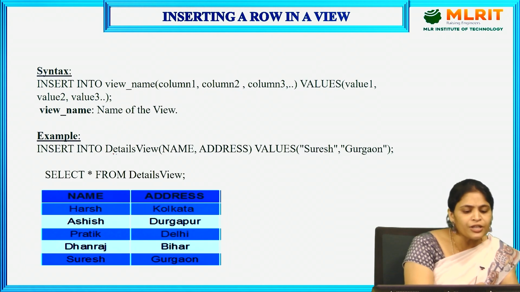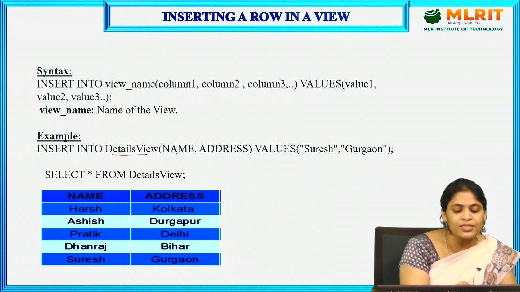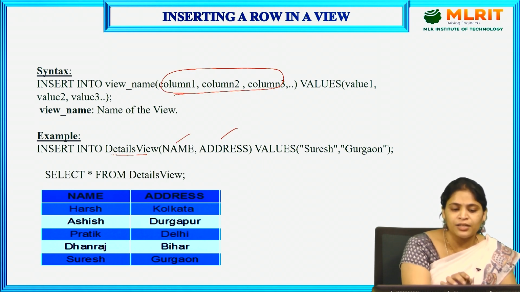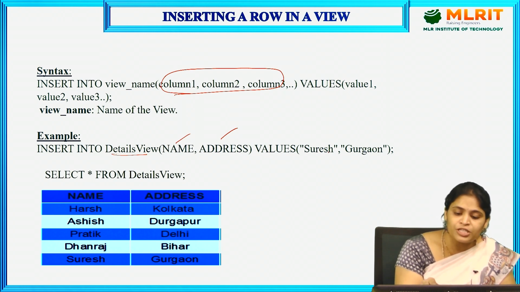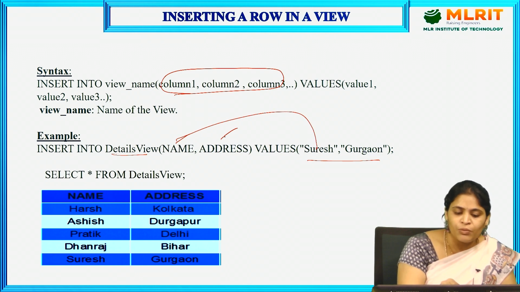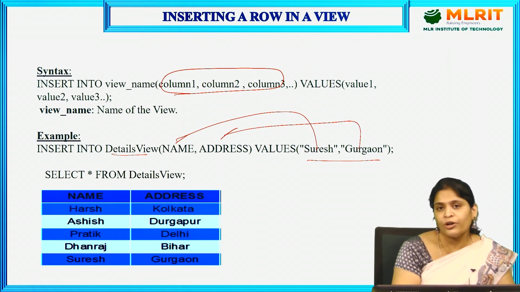So insert into details view. What is the thing that I am going to add? Name and address. The column names must be specified here as I mentioned in the syntax, and the values also must be mentioned here. So what is the name that I am going to insert? Suresh. What is the address that I am going to insert? Gurgaon. Right.